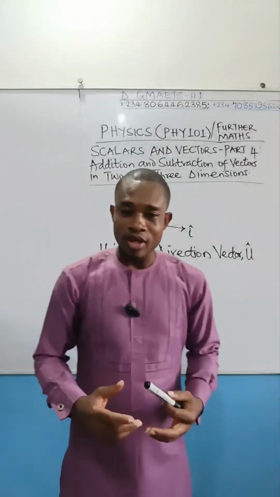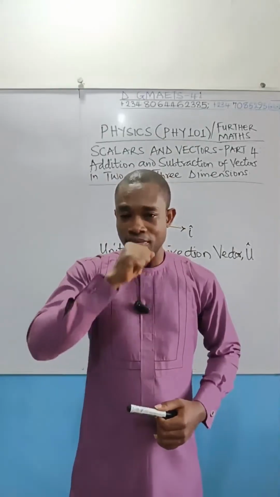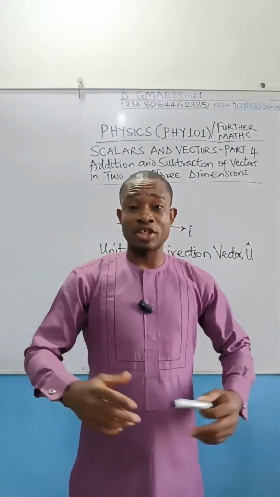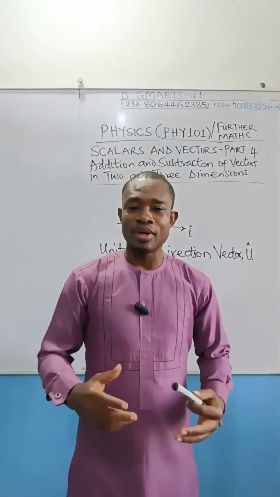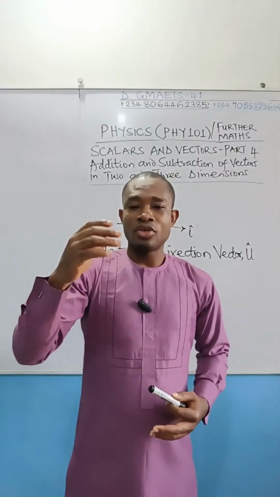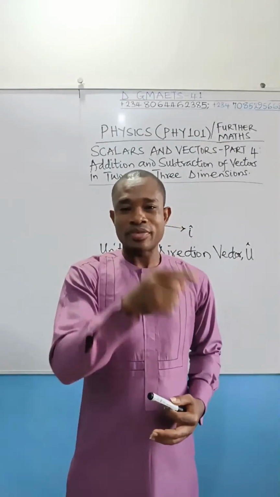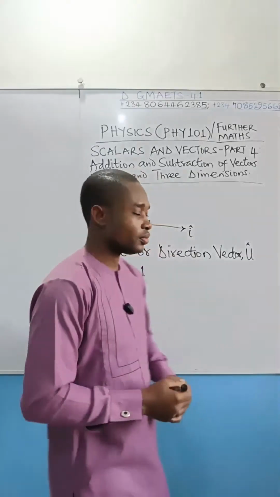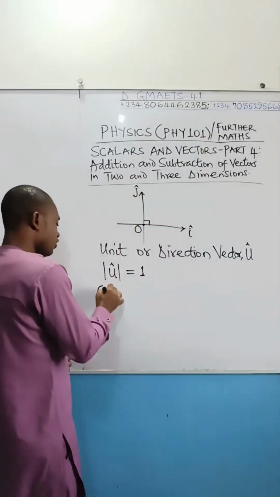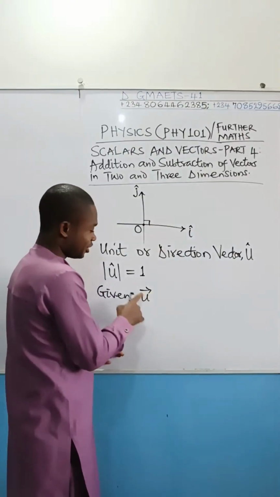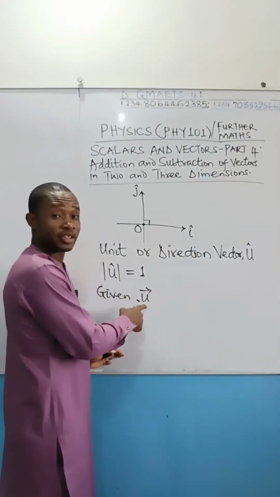What is the formula for calculating unit vector? If I give you a vector now in 2 dimensions, how do you determine the unit vector associated with that given vector? Let us say given vector u. This symbol is used to represent vector.